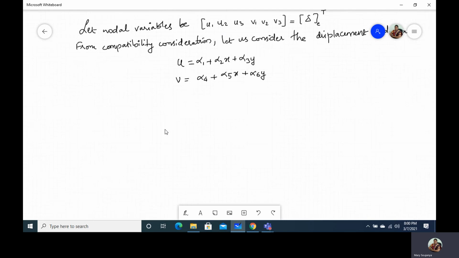How this displacement model is taken we have already seen from the Pascal's triangle in the previous classes.